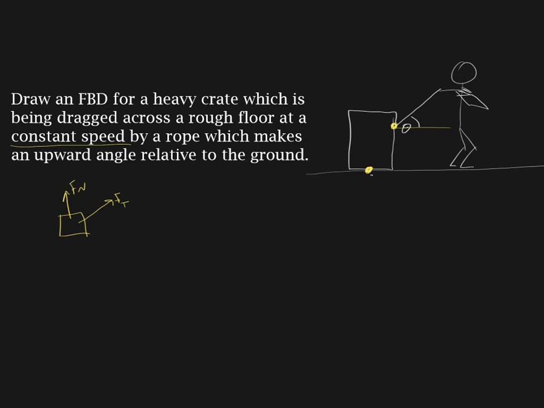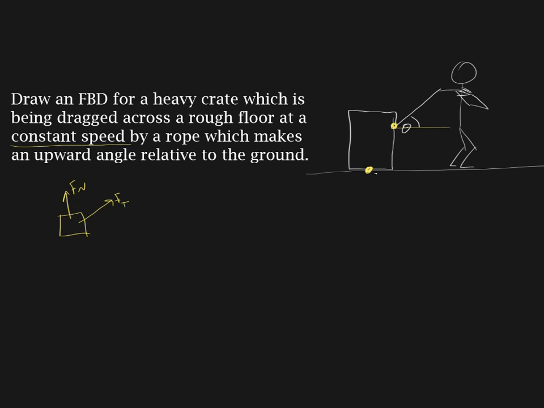And then the other force which could exist would be the force of friction. And friction is always in reaction to something else that's going on. So if the crate is sliding and it's a rough surface, then friction will exist. If the crate were not sliding, then it would be reacting. The friction force would be in response to a pulling force.